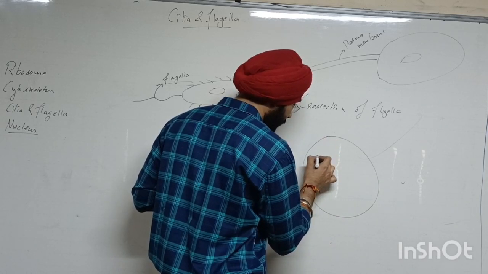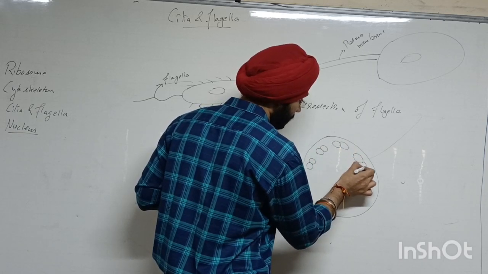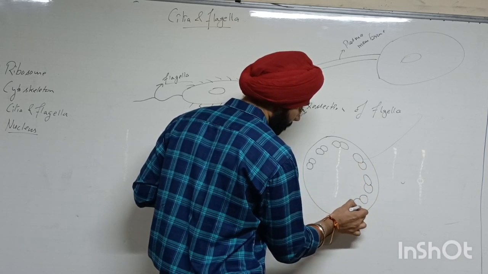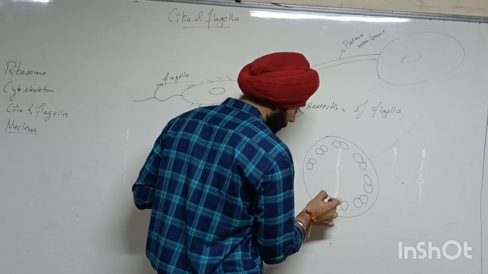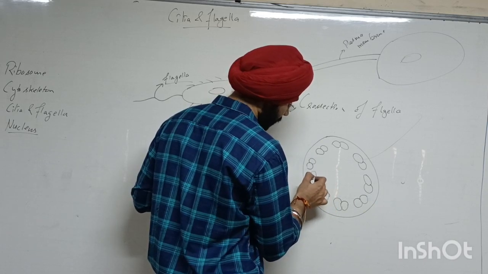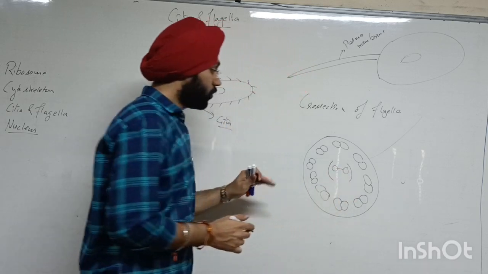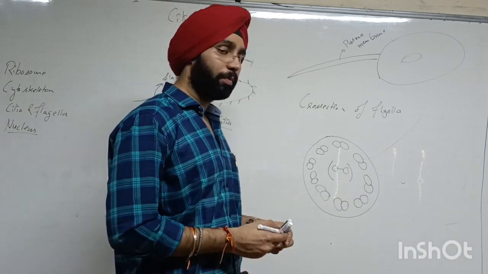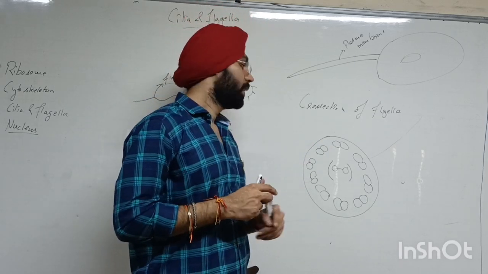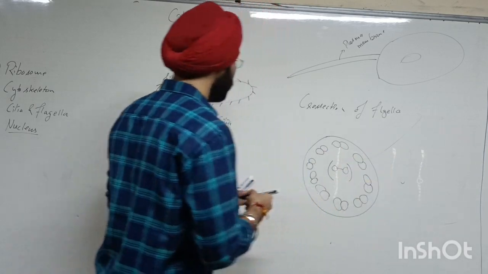We see this kind of structure. In your NCERT, this diagram is very clear cut. So we see microtubules are present in flagella, running parallel to flagella.